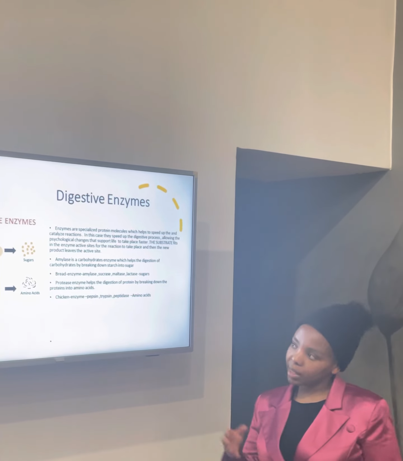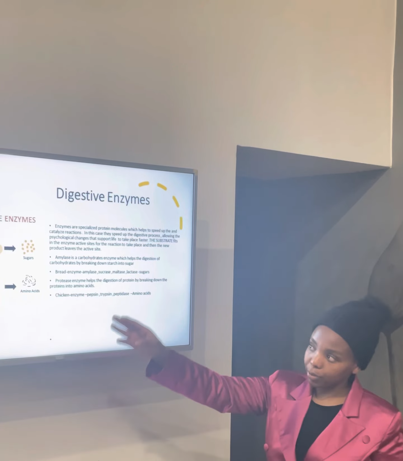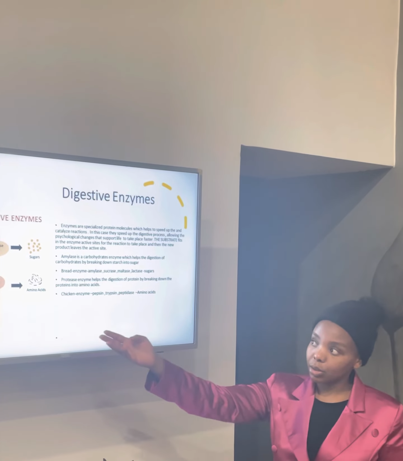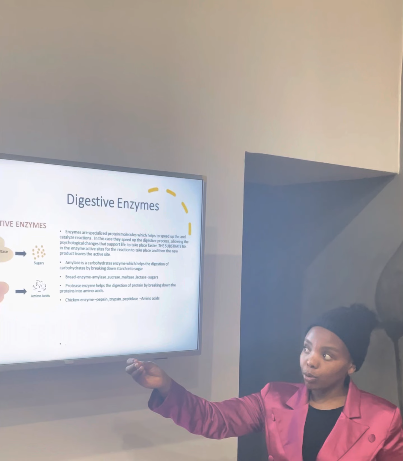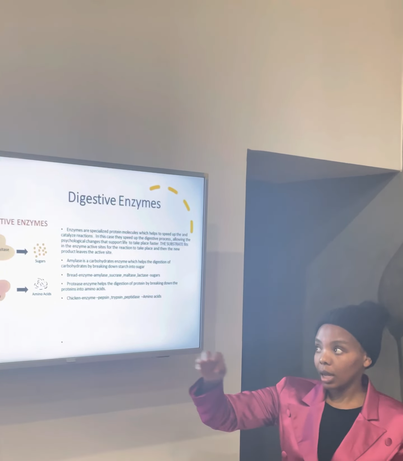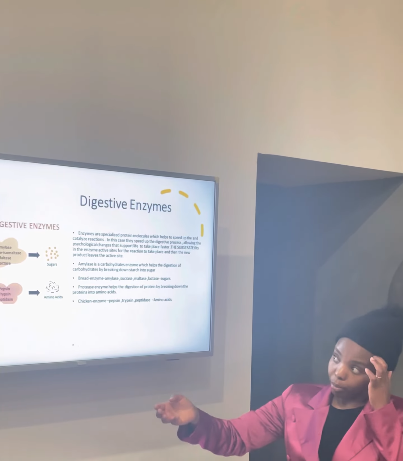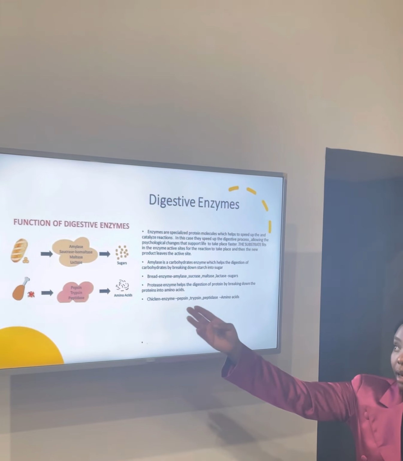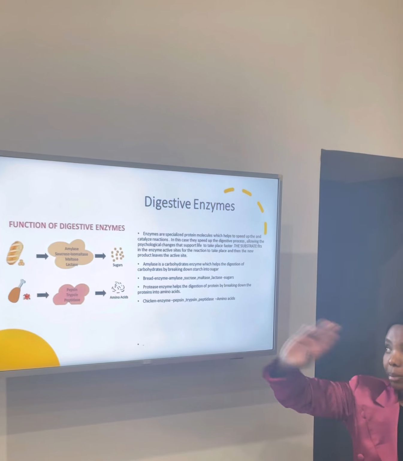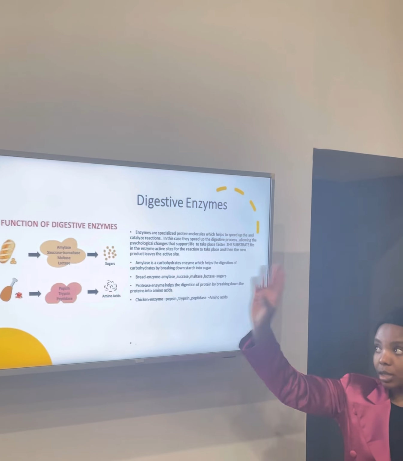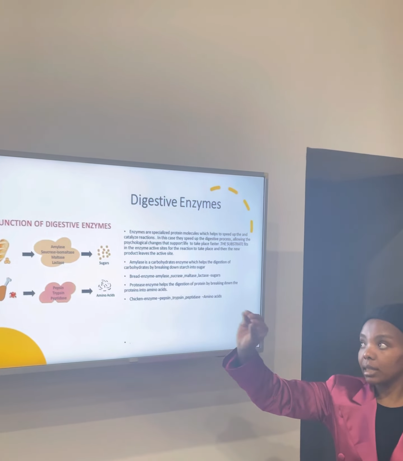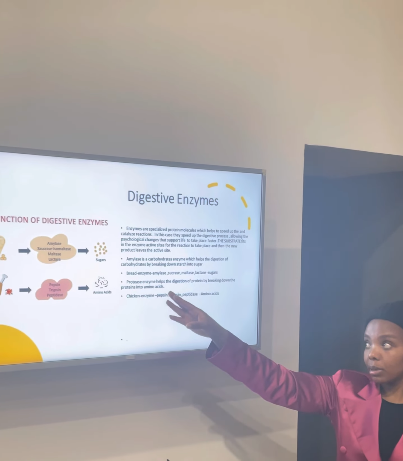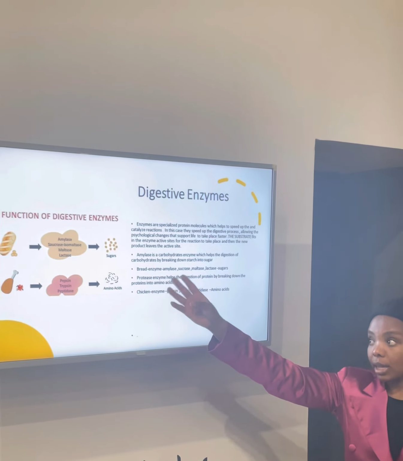This is whereby the substrate fits itself to the enzyme, and then it is broken down into a new form. Like for example, carbohydrates, which break down with amylase, sucrase, maltase, and lactase, and leave the enzymes as the new product, sugars.